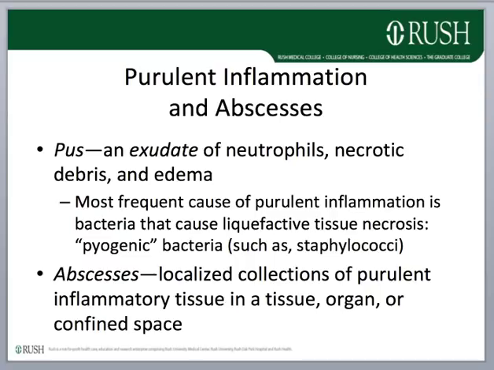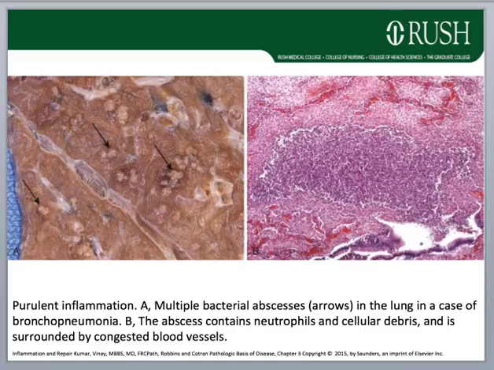Abscesses are just localized collections of purulent inflammation that are caused by suppuration, buried in a tissue, an organ, or a confined space. And this image illustrates purulent inflammation. To the left, the multiple tan, slightly raised lesions indicated by the arrows is lung in a case of bronchopneumonia.